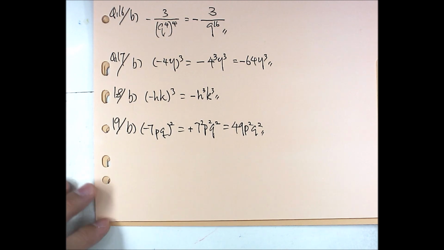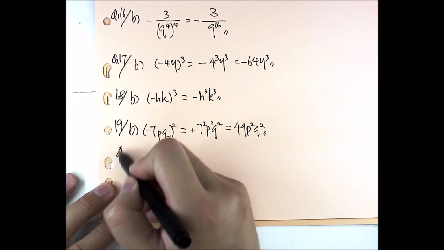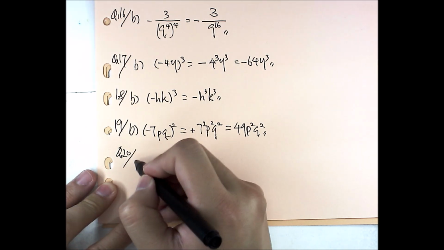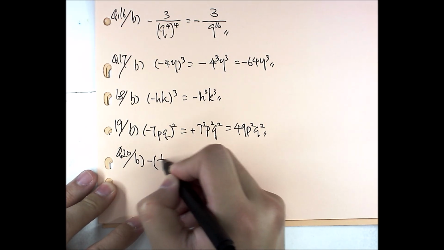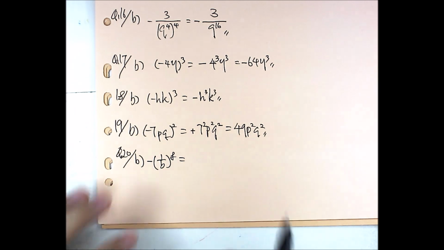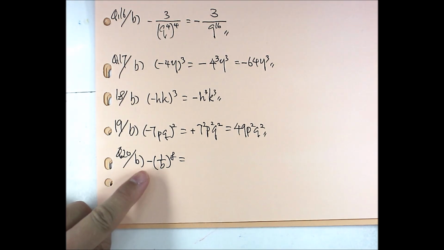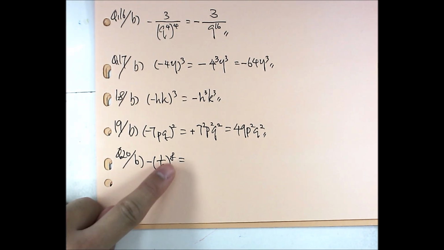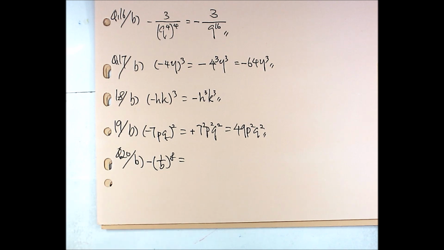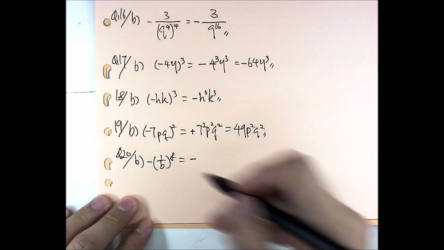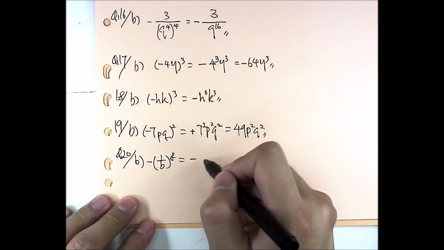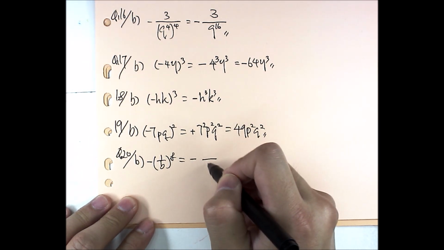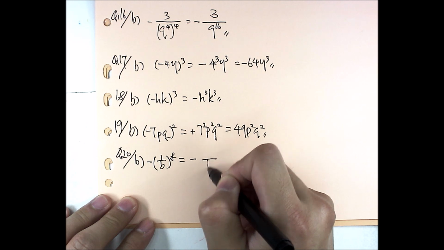Is it okay? So keep going, go to 20b, minus 1 over b to the power 8. Because this minus is not inside the bracket, understand? So you keep the minus. So for this, 1 over b, actually you have to give the power to the numerator and the denominator.